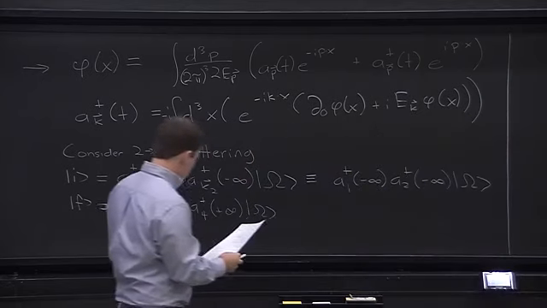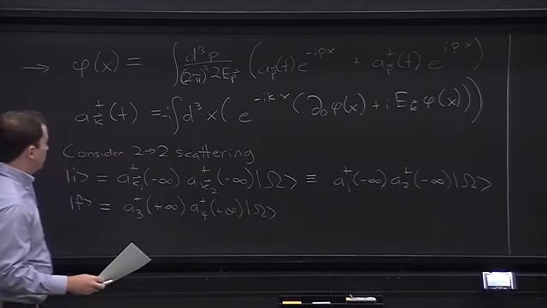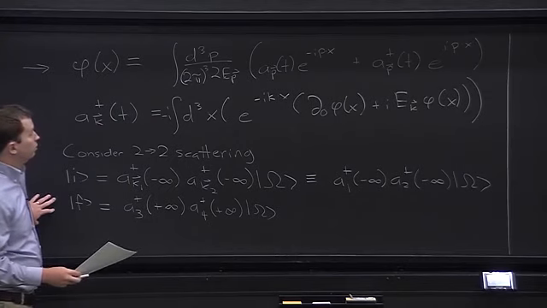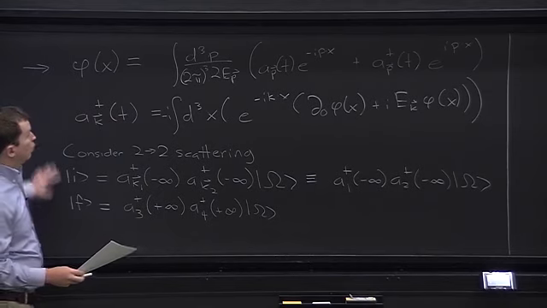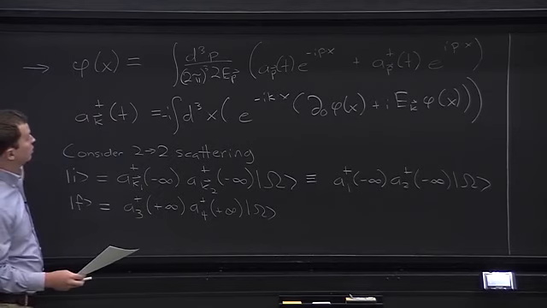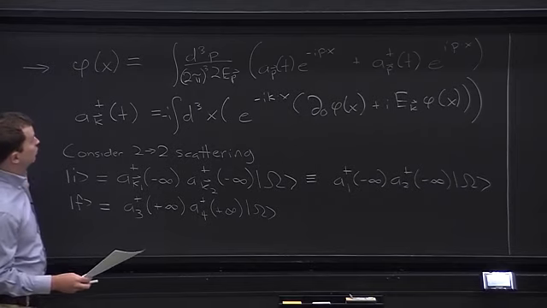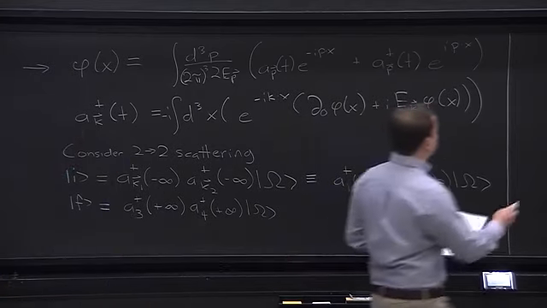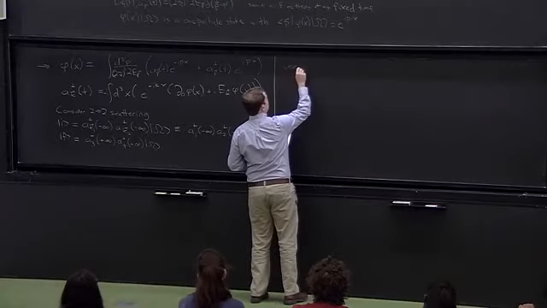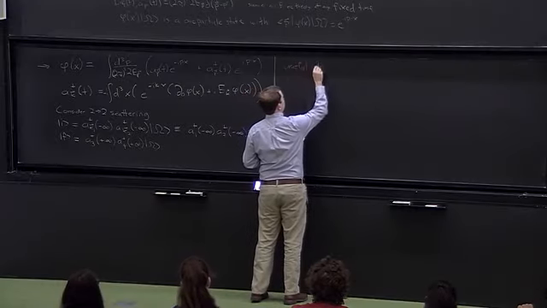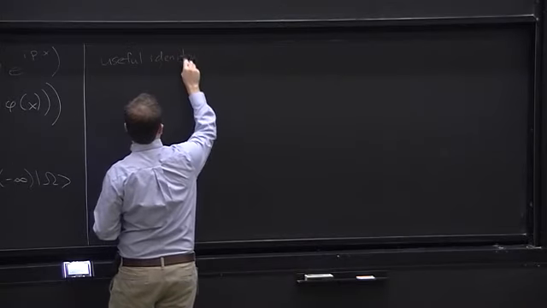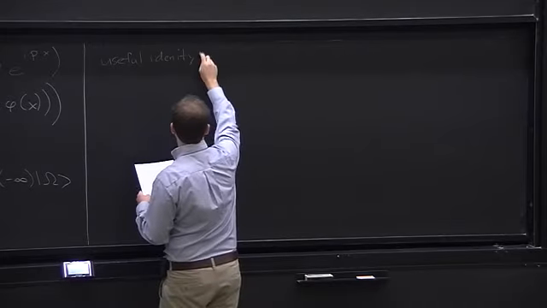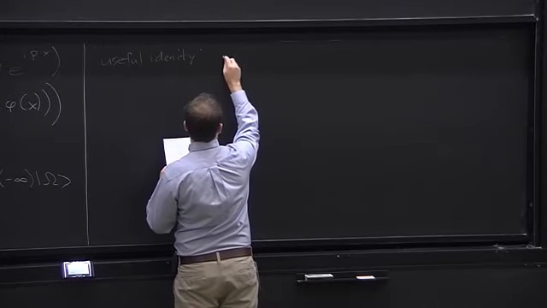So most of the work in deriving the LSZ reduction formula will involve using this useful identity, which relates the creation operators or annihilation operators in the far past and the far future.